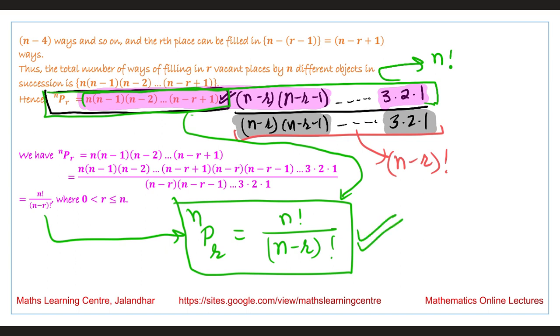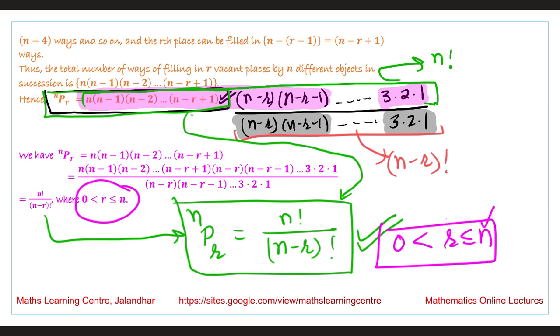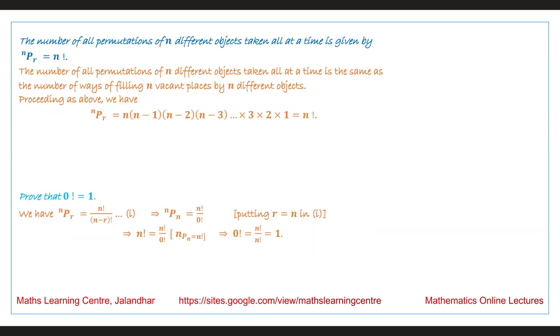This is how we can write it in factorial form, where the condition is 0 is less than r is less than or equal to n, because out of these n objects we are choosing r objects, so r is always less than or equal to n. Next we have to calculate the number of all permutations of n objects taken all at a time.